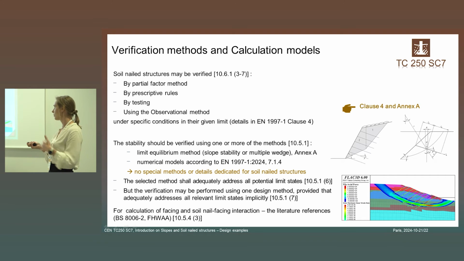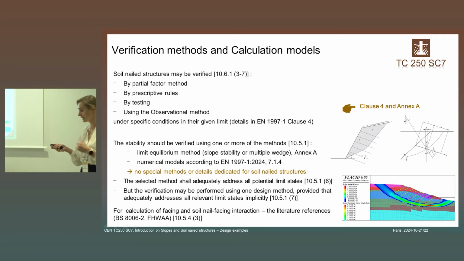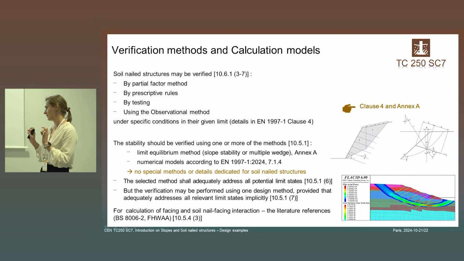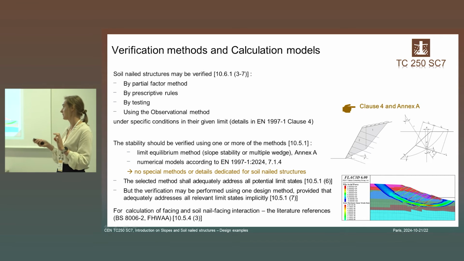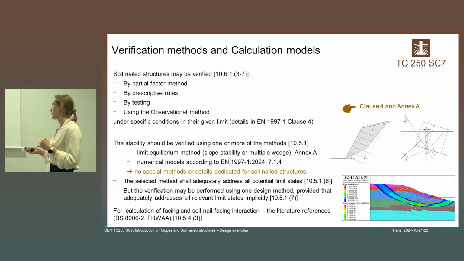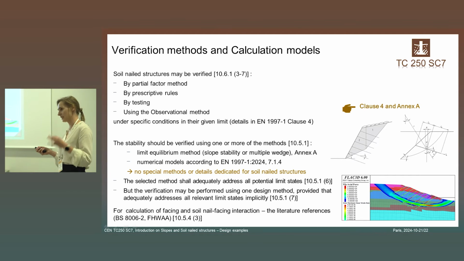The selected method shall adequately address all potential limit states, but what I think is an important point, which we discussed a lot and finally having this provision in clause 10, is that the verification may be performed using only one design method, as long as it adequately addresses all relevant limit states.